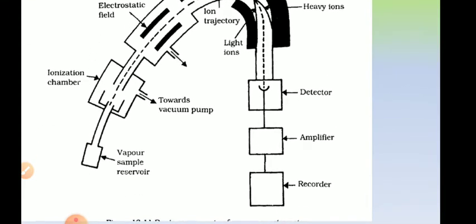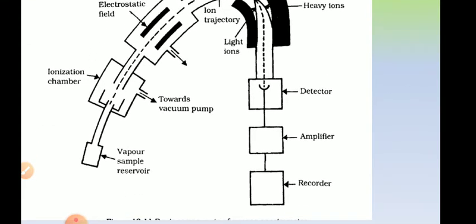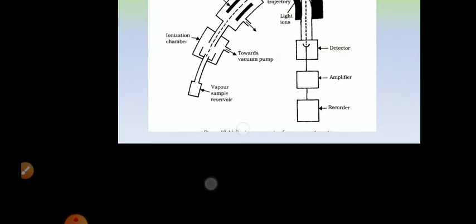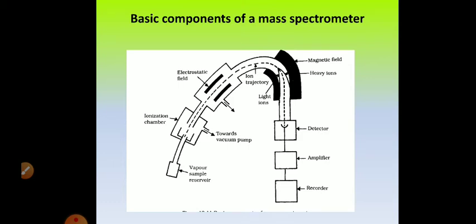Then the ions impinge on the slit of the detector, and are detected and recorded. This is how a mass spectrometer works to measure the stable isotopes.